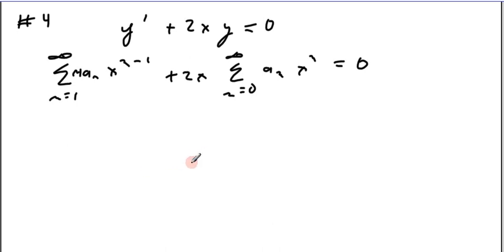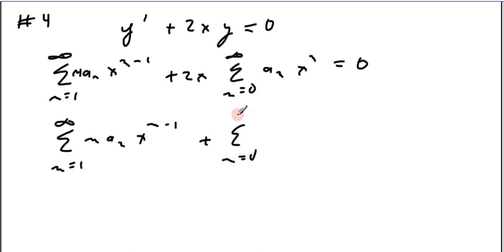Okay, now we'll do a substitution into this guy. Well, we won't do the substitution quite yet. We'll go and bring in the x term coming this way. All right, so I got summation n equal 1 to infinity n a n x to the n minus 1 plus summation n equals 0 to infinity 2 a n x to the n plus 1 is equal to 0.